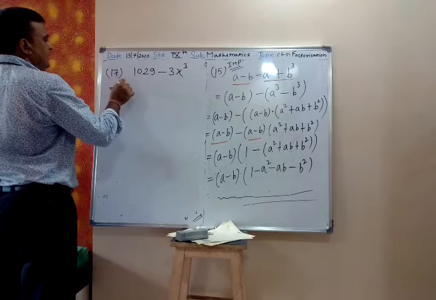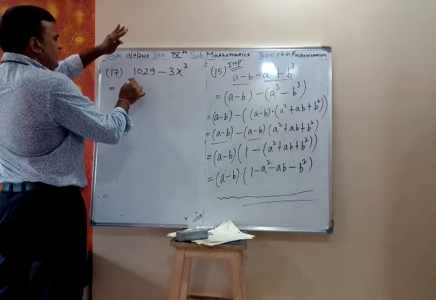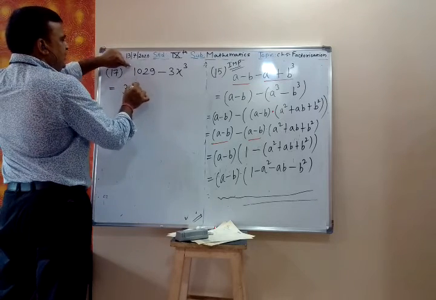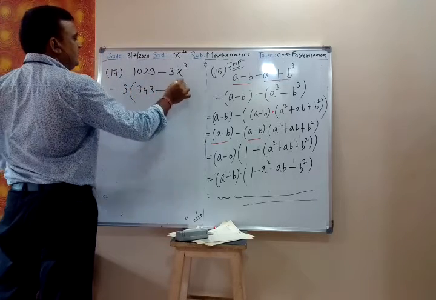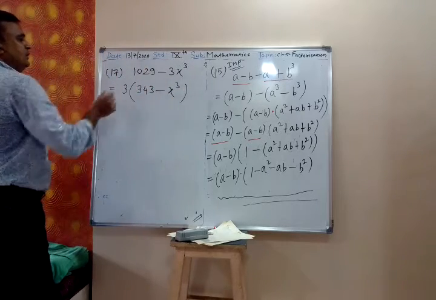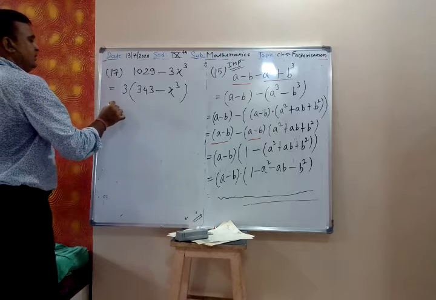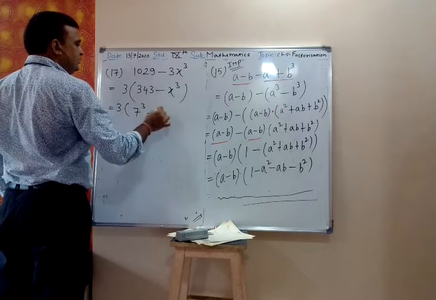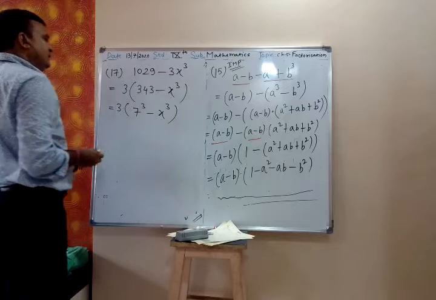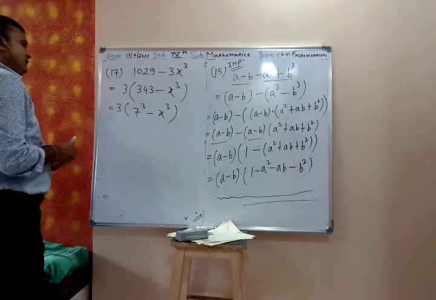17th. We take 3 common, then it is 343 minus x cube. Then 343 I can write as 7 cube minus x cube.